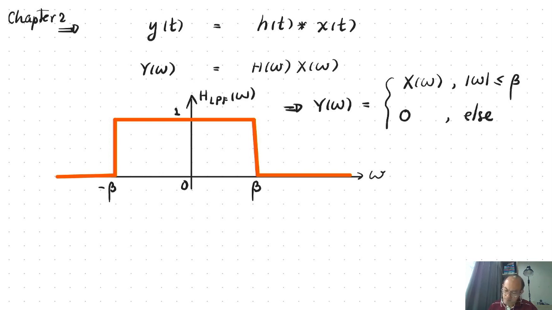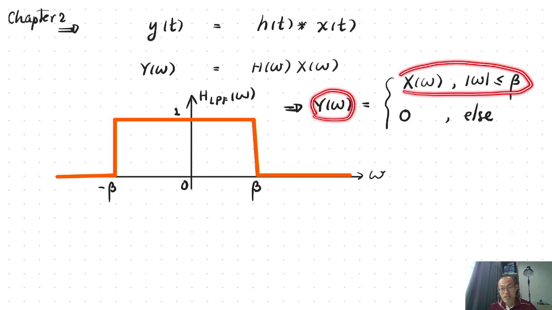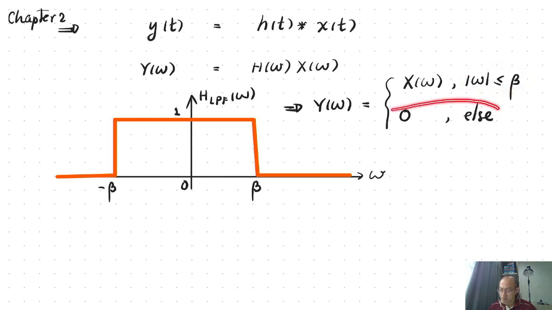So you see, if the Fourier transform of the impulse response is this rectangular function, then the spectrum of the output will be exactly the same as the spectrum of the input whenever the frequency doesn't go higher than beta, and it will block the output otherwise.